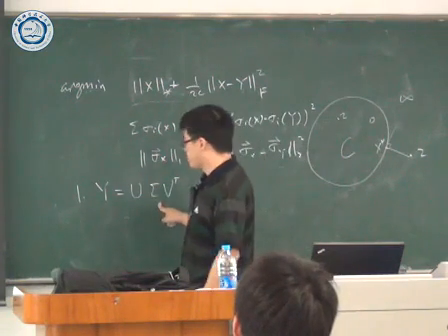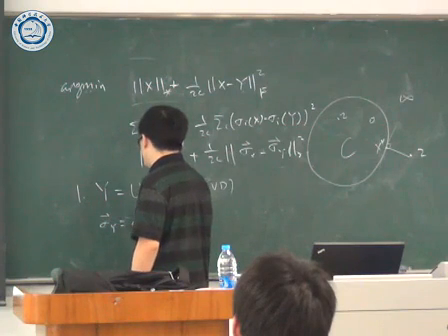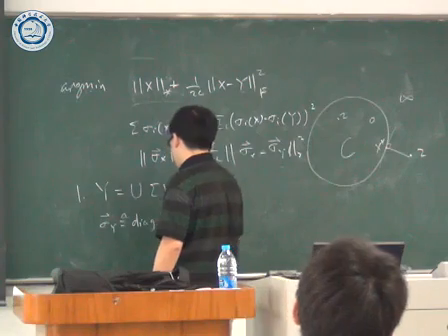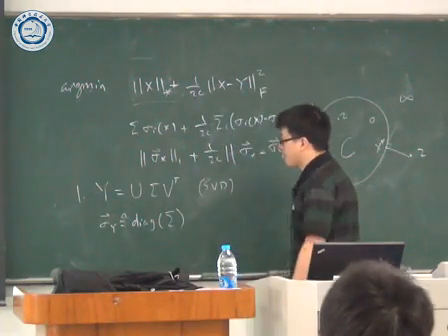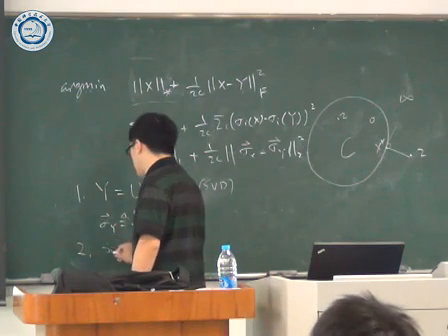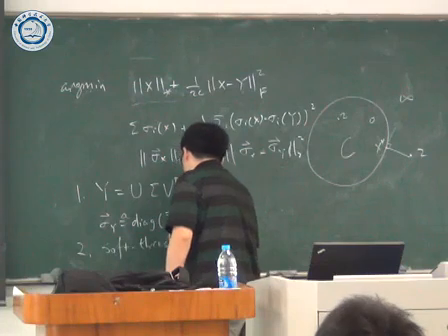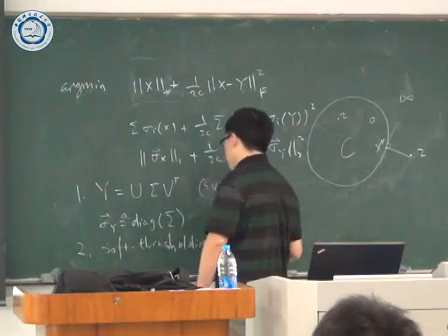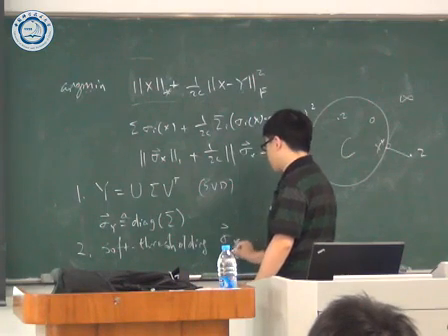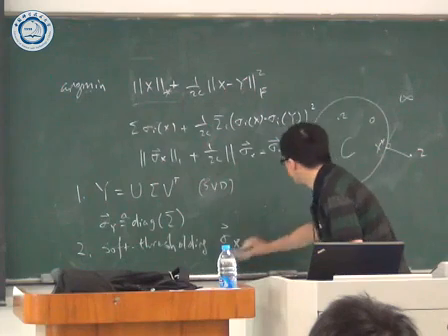Then look at the diagonal: the singular values of y are defined as the diagonal of sigma. Then you do soft thresholding, and you obtain the singular values of the solution x star. Okay. Step 3.